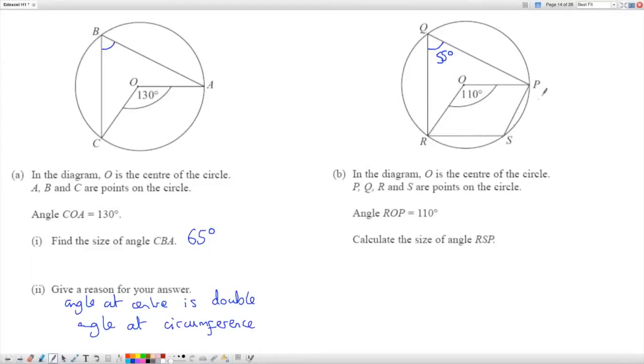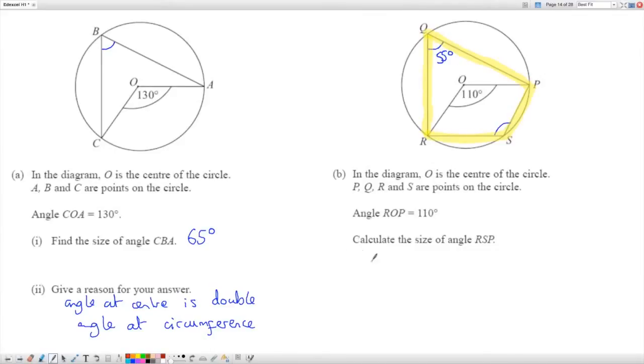RSP. This angle here. This angle is not 55. This angle is part of the angles shown here in the cyclic quadrilateral. We can see here that RSPQ forms a quadrilateral where each of the corners, the vertices, are on the circle.